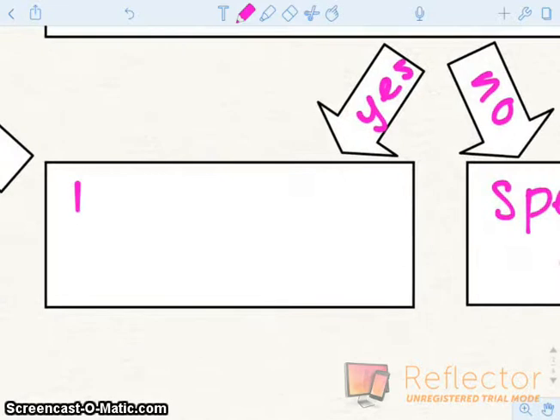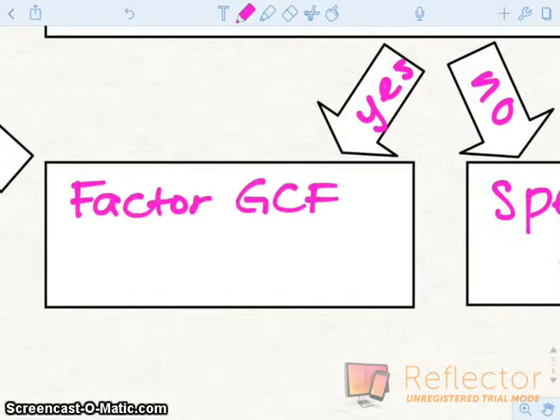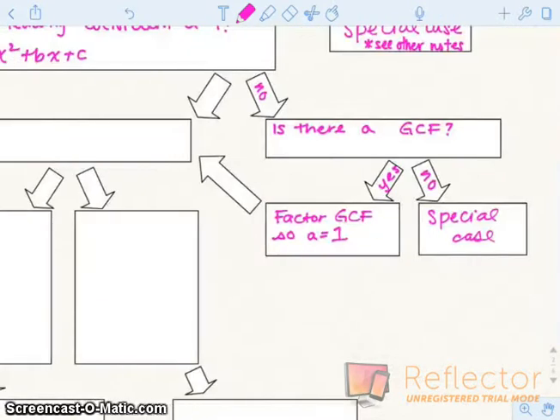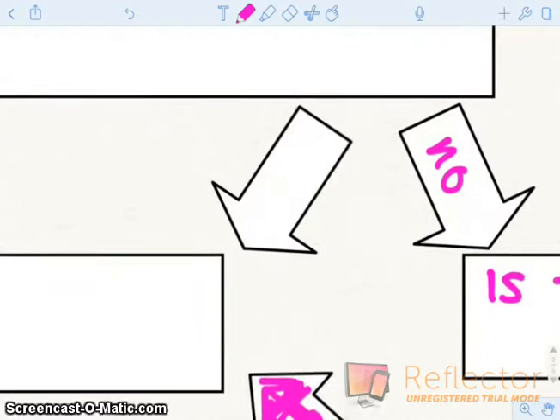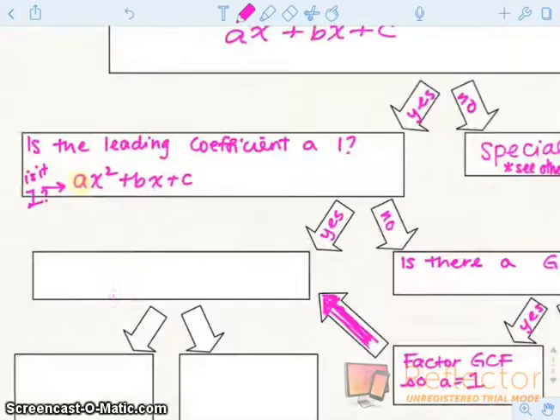If there is, I'm going to factor out the GCF, so a is equal to 1. Notice I don't have any other options in this box, that's going to lead me back into this box where I would have gone had the original answer been yes.